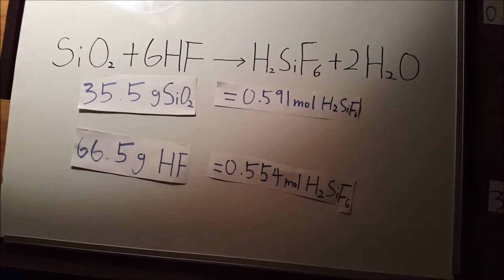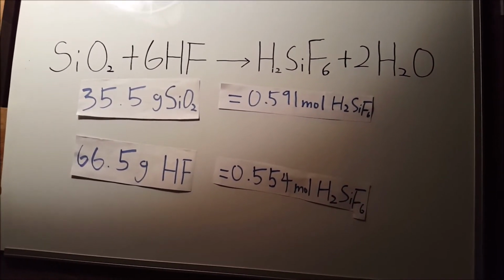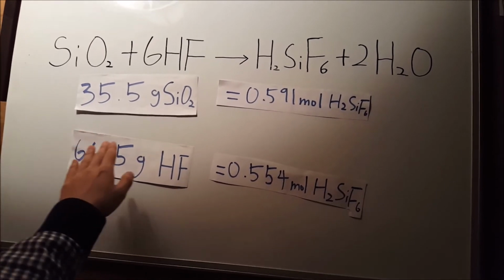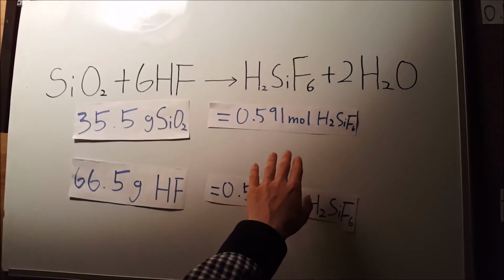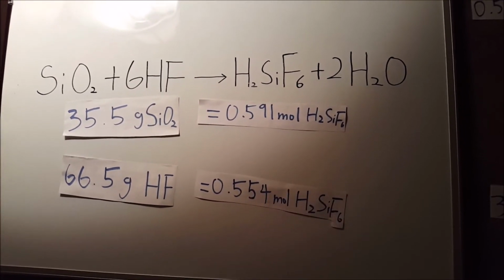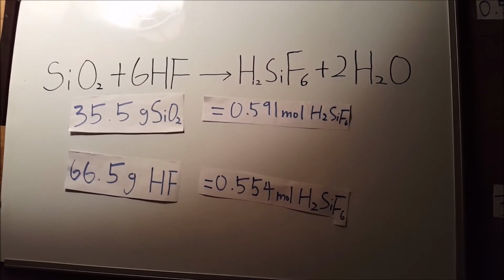So, if at the beginning of the experiment we use 35.5 grams of silicon dioxide, we will create 0.591 mole of hexafluorosilicic acid.